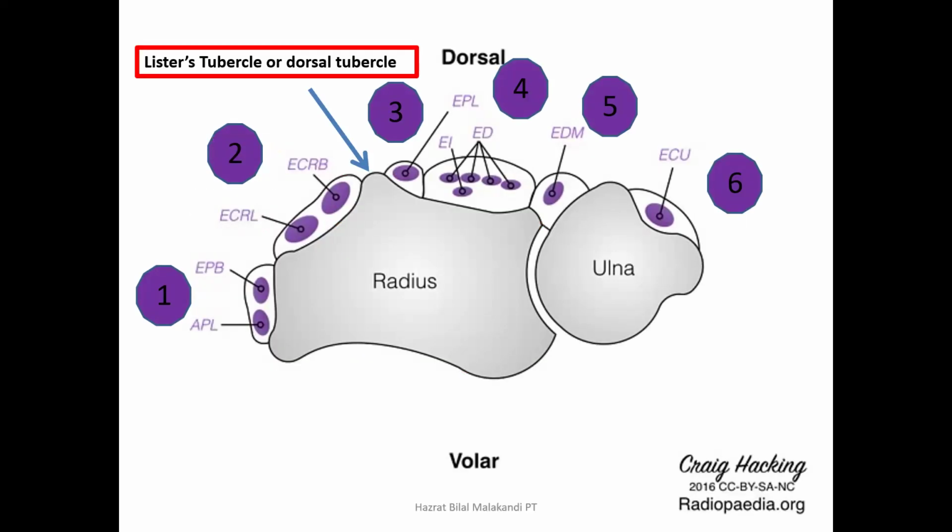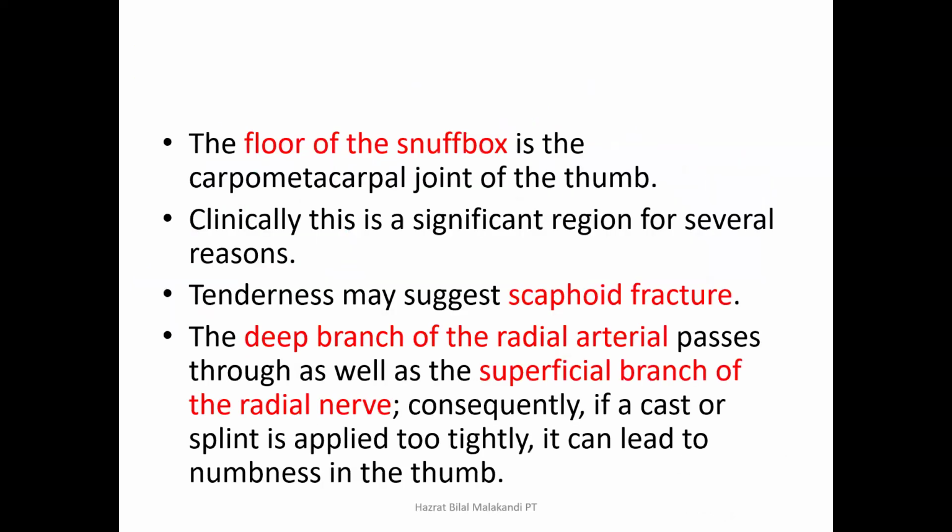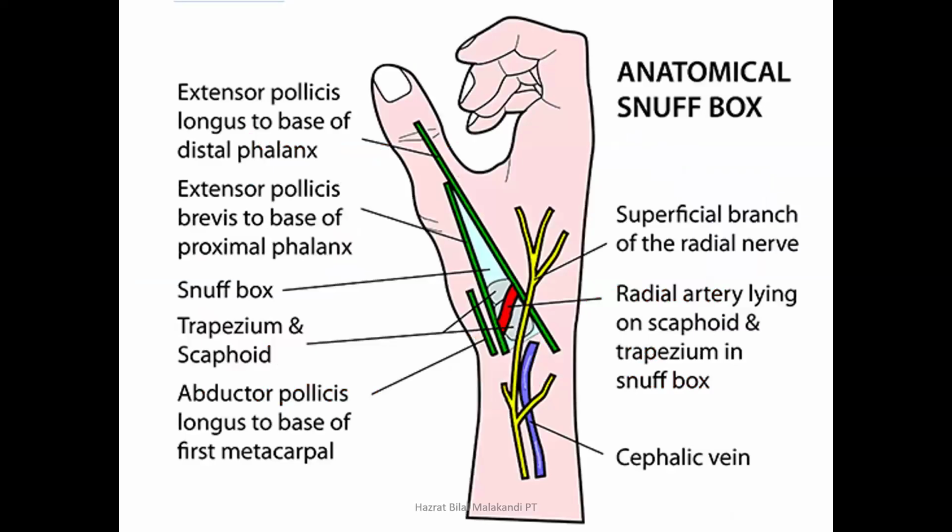These were followed by the extensor compartment on the dorsal side and its association with the Lister's tubercle or the dorsal tubercle. We discussed the anatomical snuffbox, its anatomy, and its importance with the scaphoid fracture, and how we can assess the scaphoid fracture through the anatomical snuffbox.